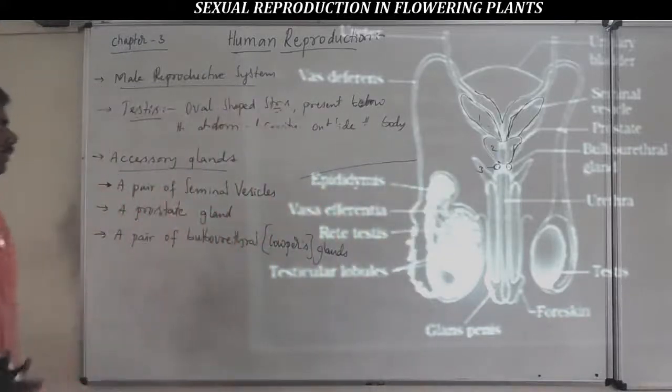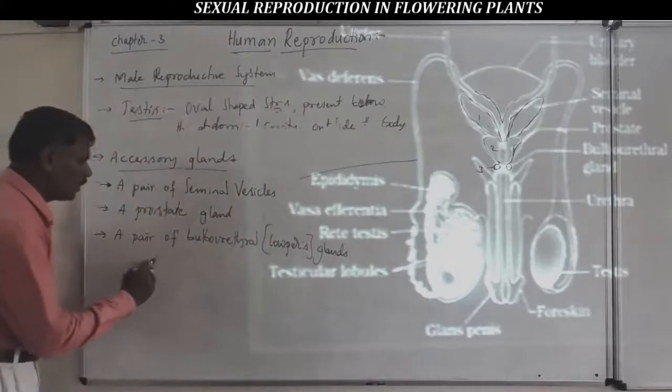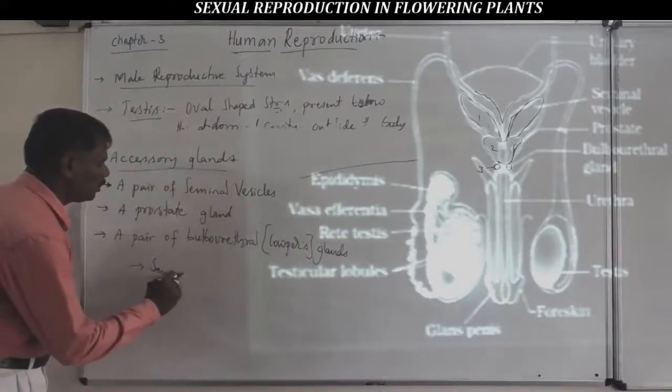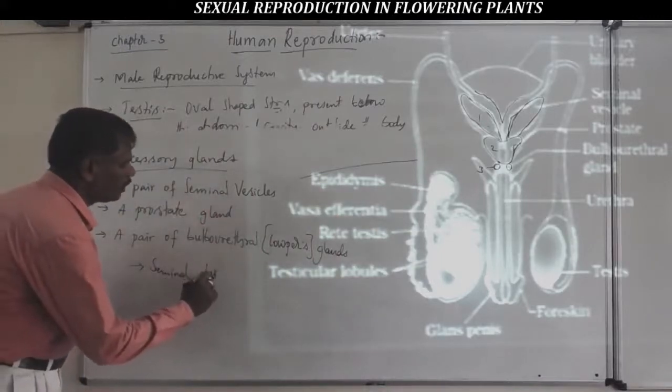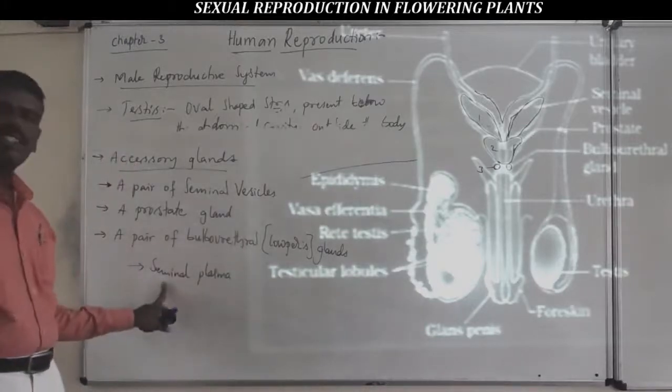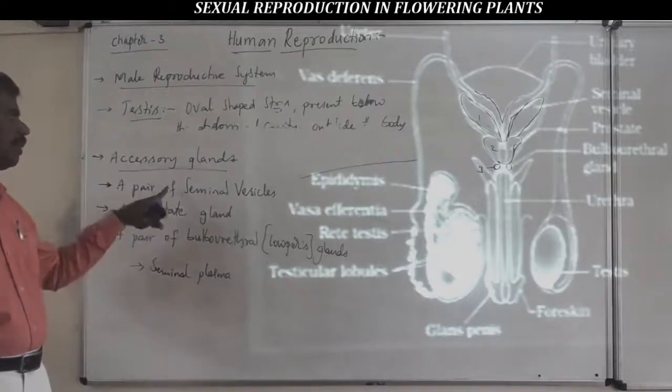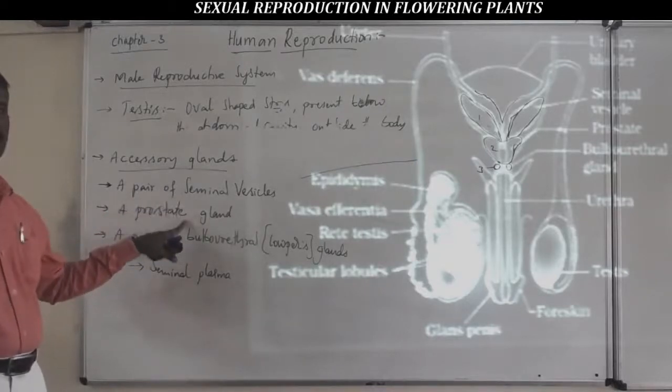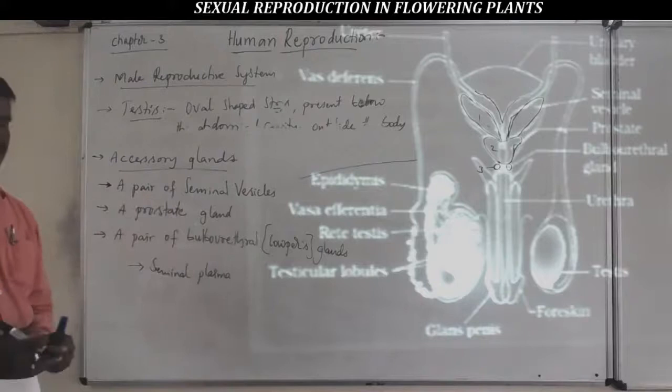What is the function of these glands? They all produce seminal plasma. That seminal plasma is secreted by these three types of accessory glands.